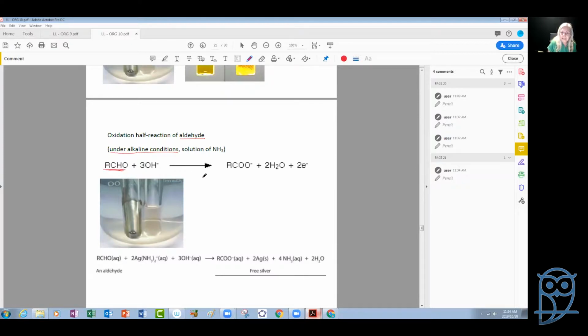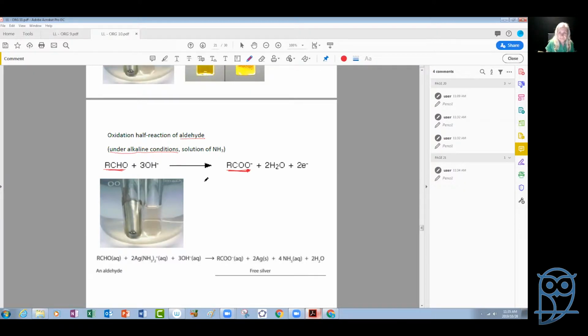It will oxidize, and this will be the result. This will be the anion that will form from the aldehyde, which will be part of some salt. So under alkaline conditions, there will be a salt formed, and this is the anion of this salt, and we can see the extra oxygen from the oxidation of the aldehyde.